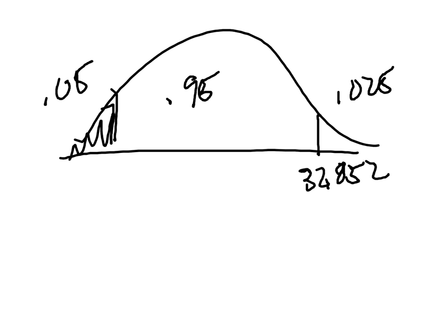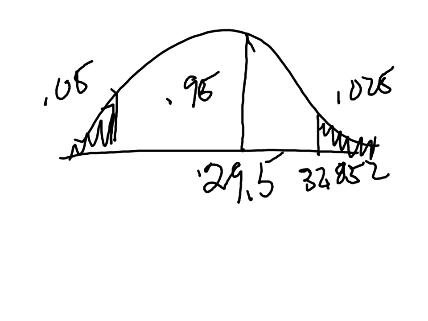I'm sure you can see the conclusion here: our test value of chi-squared equals 29.5 is not in the critical region. It lies outside of the critical region.